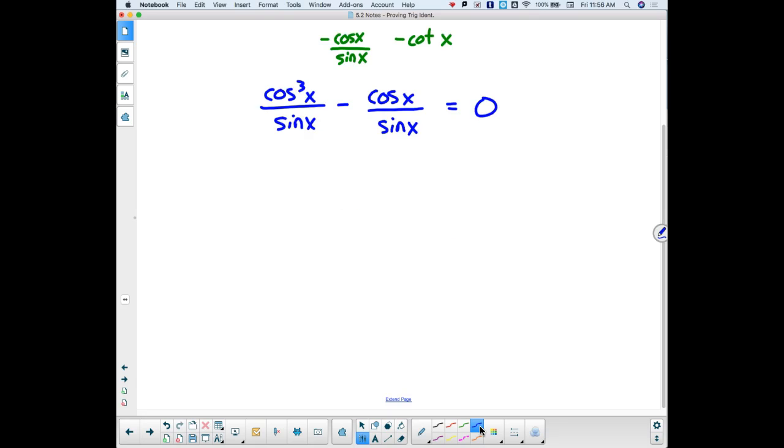Now, what I'd do is multiply the entire equation by sine of x. So that goes into here, that goes into there, and all the way over into there. Cosine cubed divided by sine times sine.